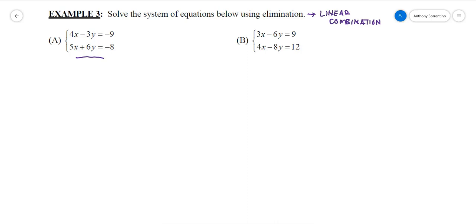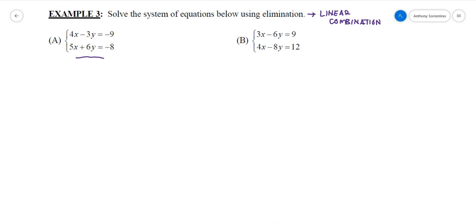Ideally, what I want to be able to do is add the two equations together, combine the two equations, and have one of the variables disappear, cancel out, go away. So I can do some manipulation of this to make that happen. So what I usually have to do is I have to choose a variable that I want to eliminate.